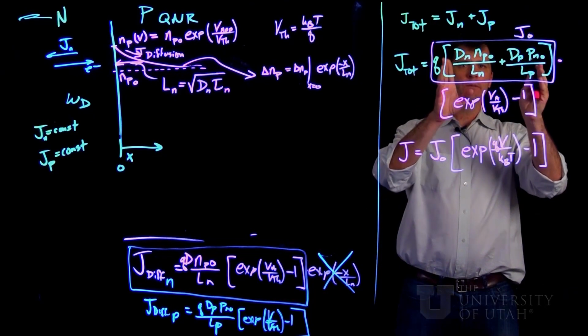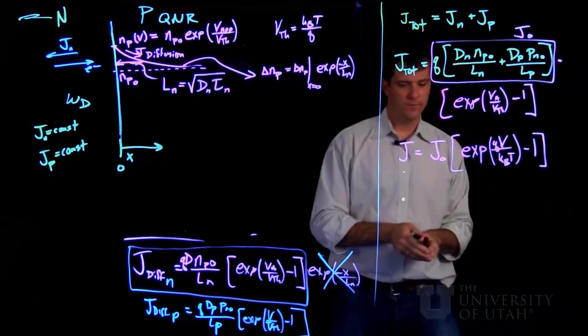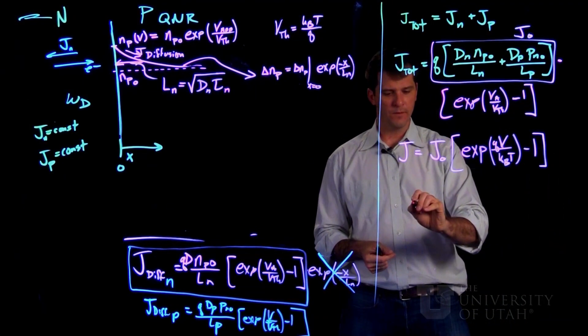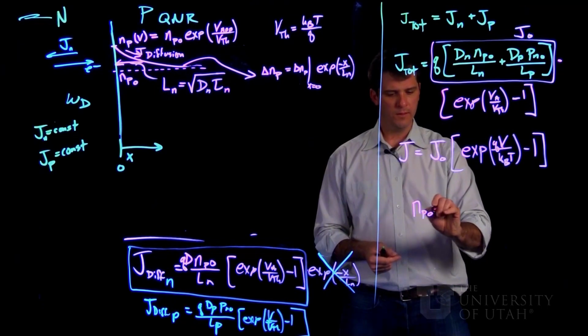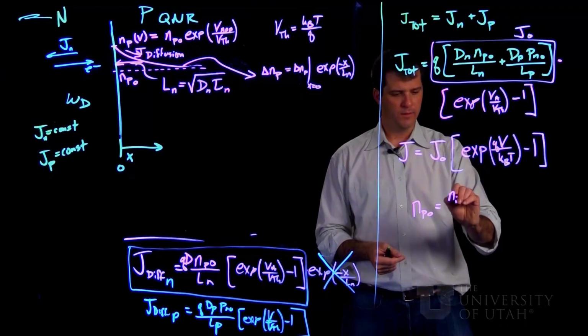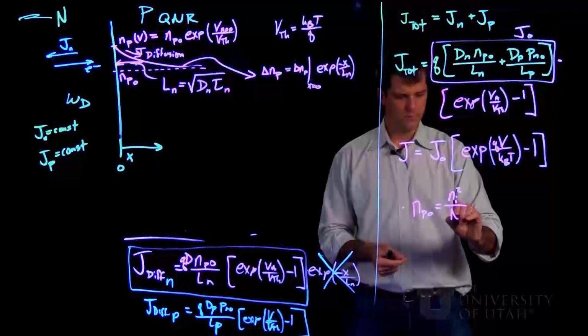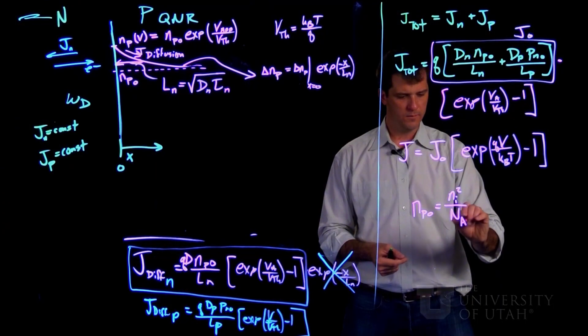Let's make a substitution here for the doping on both sides, which is going to help us out. So we can look at this np0 and say np0 is Ni squared over Na.